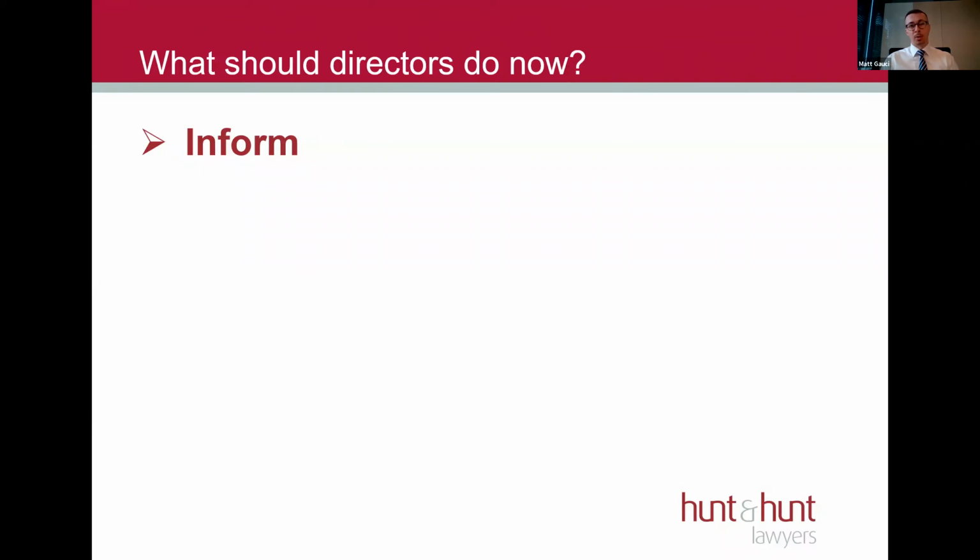So if you're a director or you have a director as a client, here are some tips on what directors should be doing now. Firstly, they should inform themselves about the company's financial position and its affairs. They should assess the company's solvency and investigate any financial difficulties immediately.